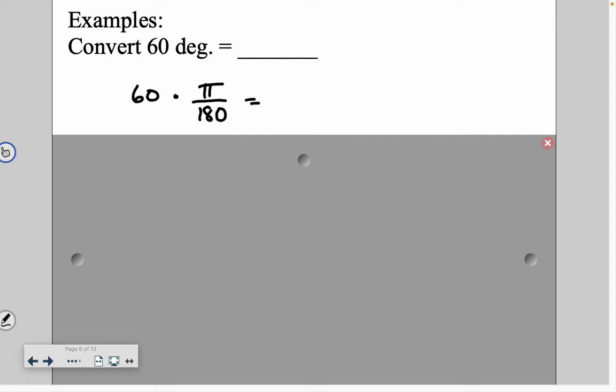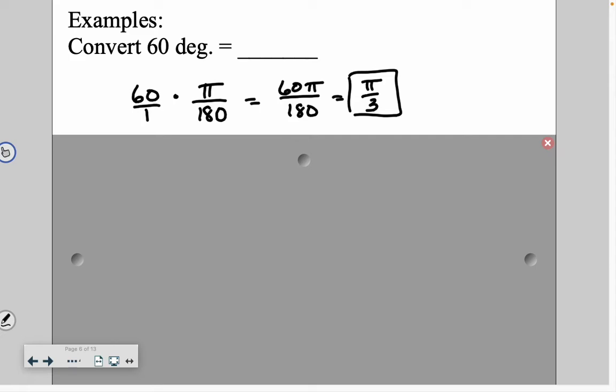So in this case, I multiply this, thinking of 60 as 60 over 1, and just multiply straight across. We get 60 pi over 180. And if I reduce that, what do I get? Pi over 3. Yeah, we get 1/3, which means this is pi over 3 radians. And there's your answer: 60 degrees is pi over 3 radians.